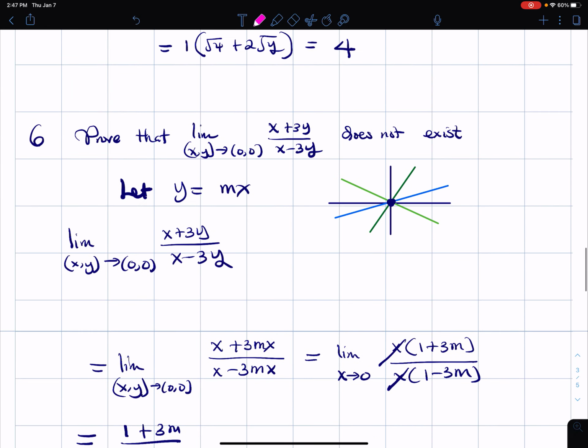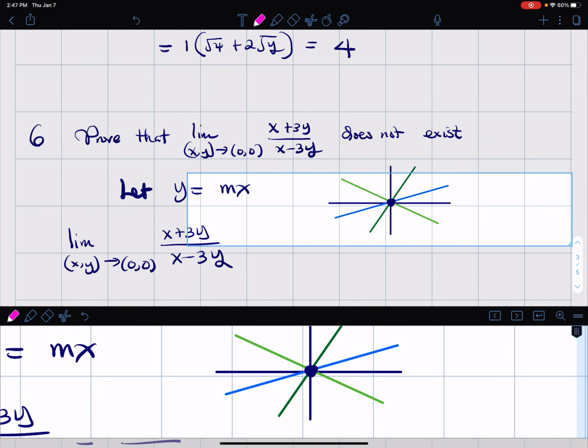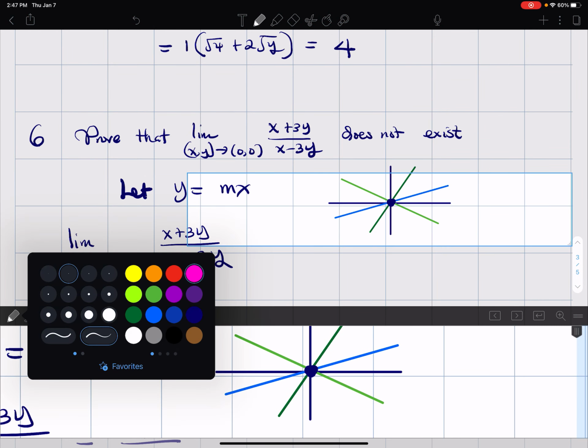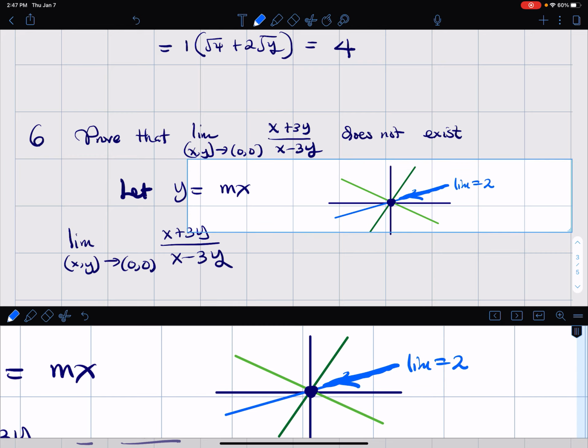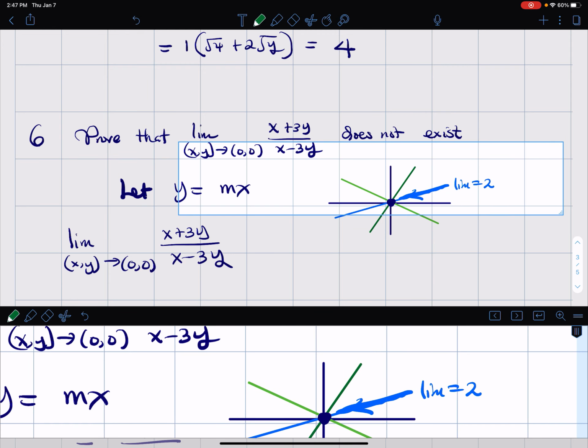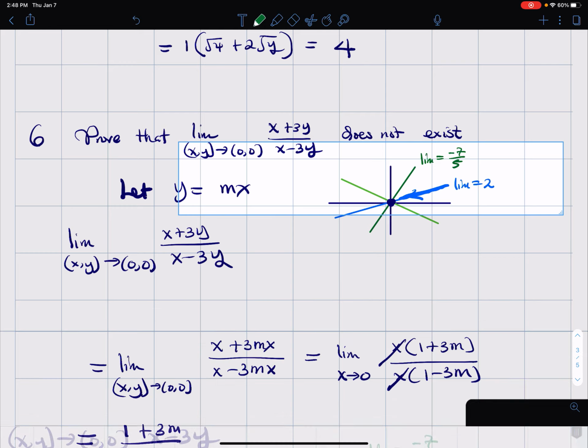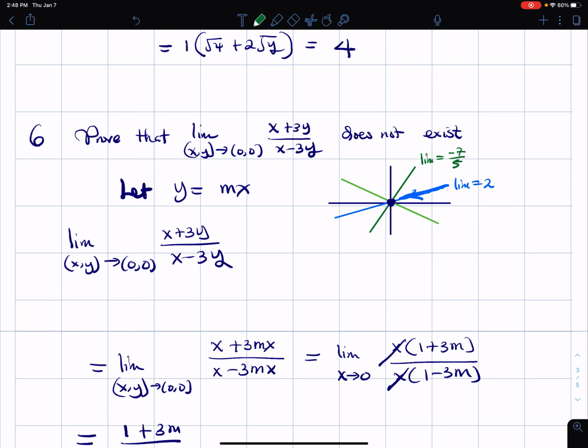So what have we shown? We've shown that if we approach (0, 0) along this line, our limit is negative 2. But if we go along the green line, our limit is negative 7 over 5. But the limit has to be the same from every path. So that's your proof.